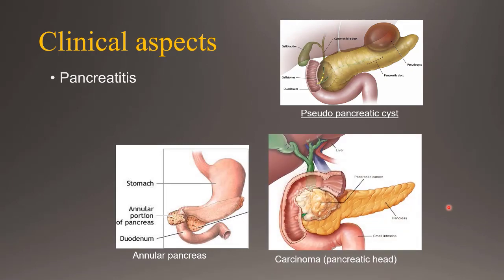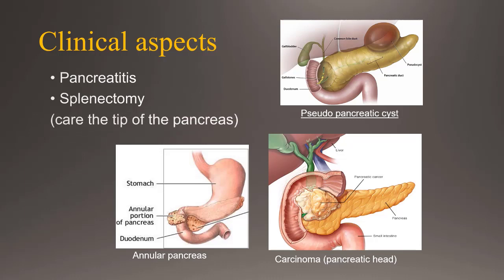Carcinoma of the pancreas is seen in old age where it can block the bile duct resulting in obstructive jaundice. In splenectomy, care has to be taken for preserving the tip of the pancreas, as the tail is the one which is having alpha and beta cells to secrete glucagon and insulin.